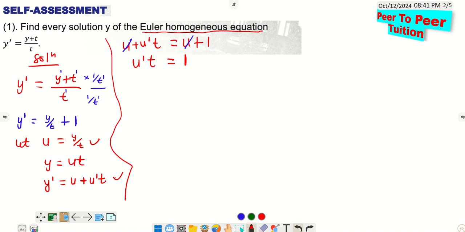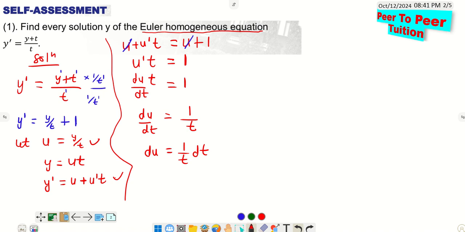And when you get to this point, remember that u prime is the same as du/dt. That's the meaning of u prime multiplied by t should be equal to 1. Now let us divide both sides by t. I'll get du/dt should be equal to 1 over t. Then the next thing is to multiply through by dt, and I'll get du is equal to 1 over t dt.